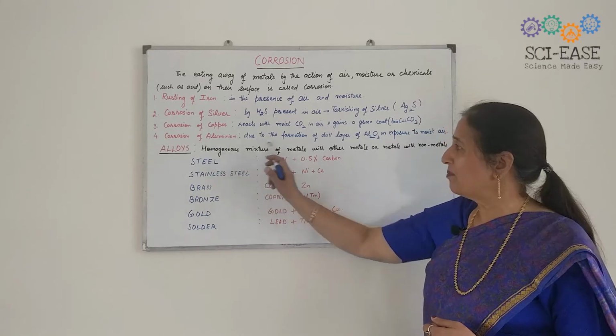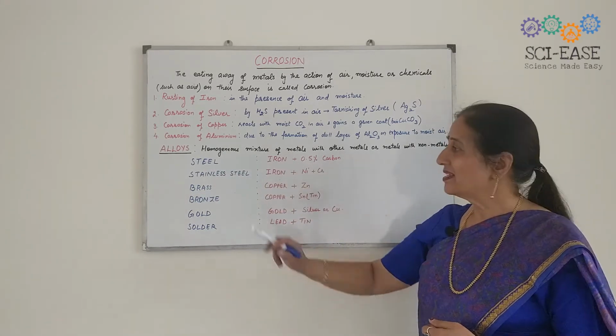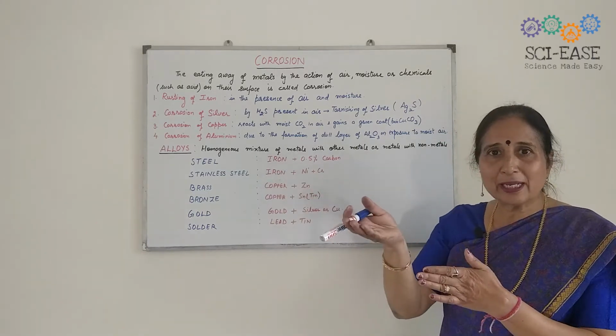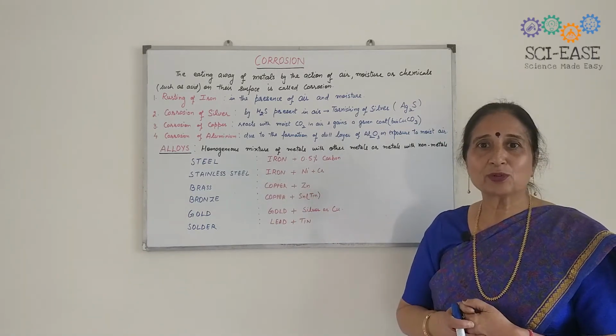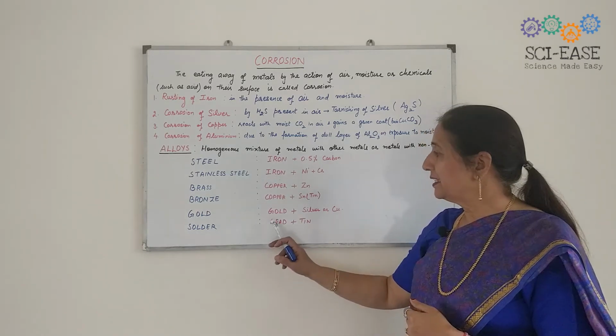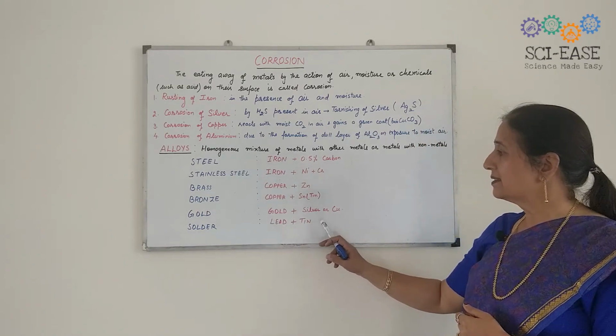Steel, small name, only two components. Stainless steel, big name, three components. These are the tips I used to give to students. Solder is a mixture of lead and tin.